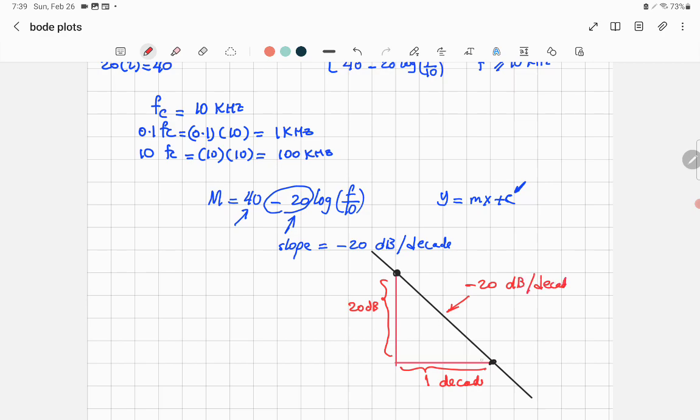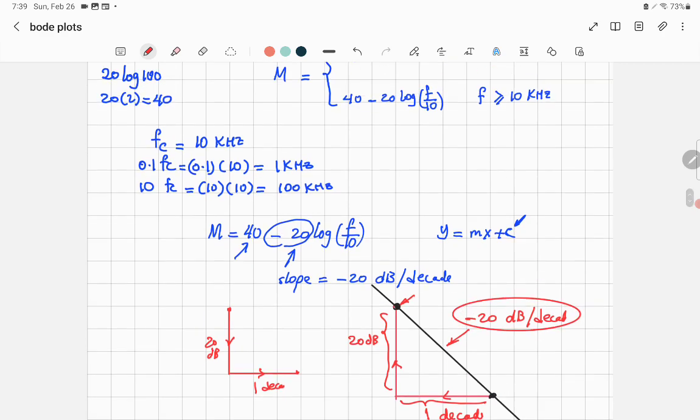When you choose these 2 points, choose them in a way that if you move 1 decade in this direction, then you can go up 20. Or if you know this point first, you go down 20 decibel, and then you go horizontally 1 decade. If you connect these 2 points with a straight line, it will be negative 20 decibel per decade. That's what I'm going to do.